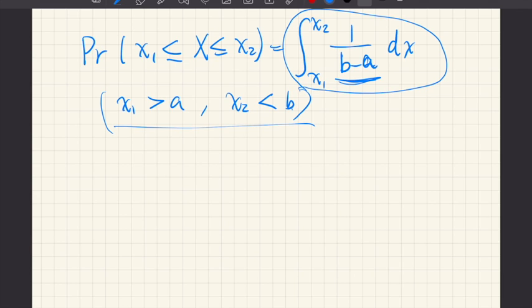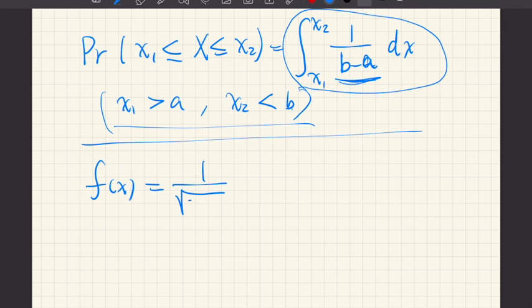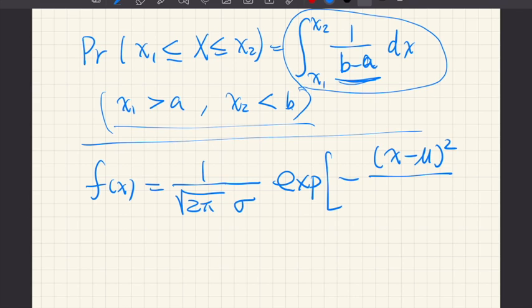And here's another example. This is, I would say, the single most important probability distribution you will learn in statistics, which is the normal distribution. So you must memorize this density function.